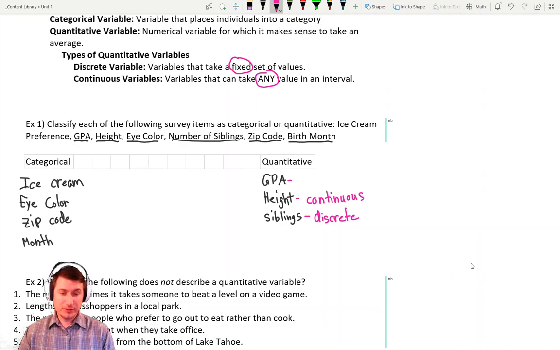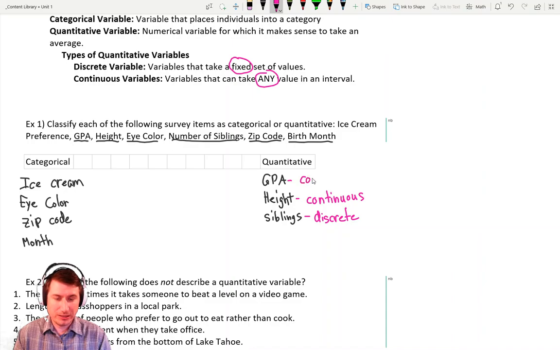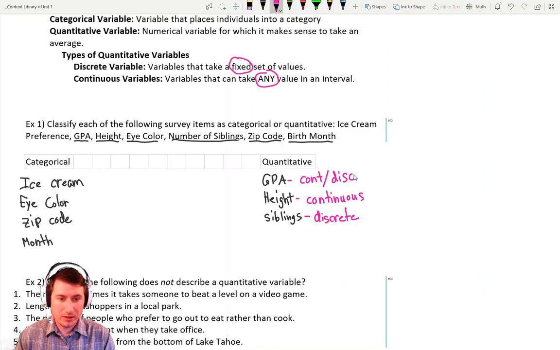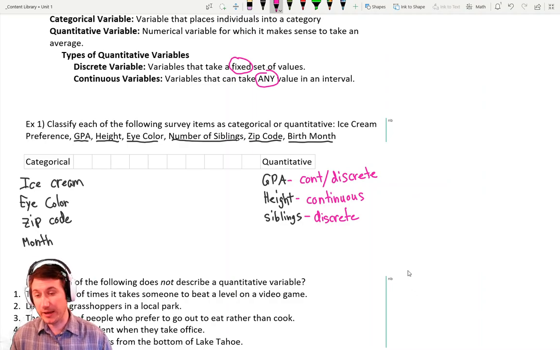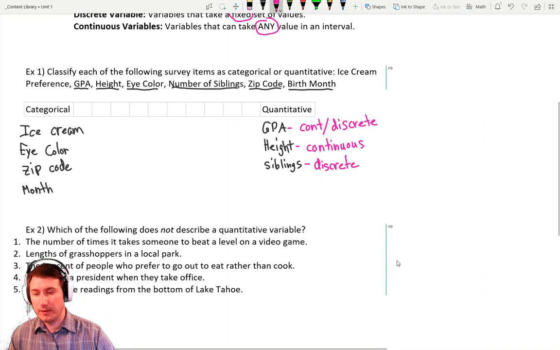But technically, if you take your grades and you do the division, there's so many different possibilities. You might say it's continuous. This one you can definitely argue either way, I think. So as long as you can understand or back up your answer, you could probably put either one for GPA. All right, next one.